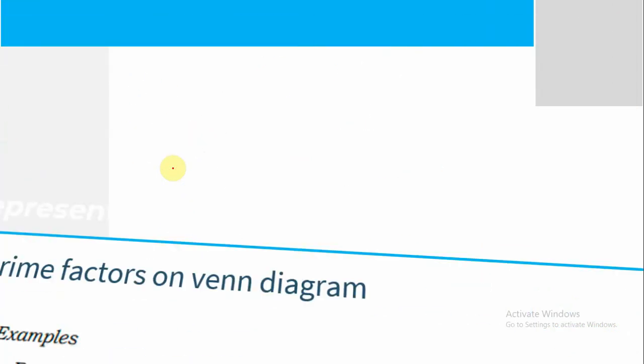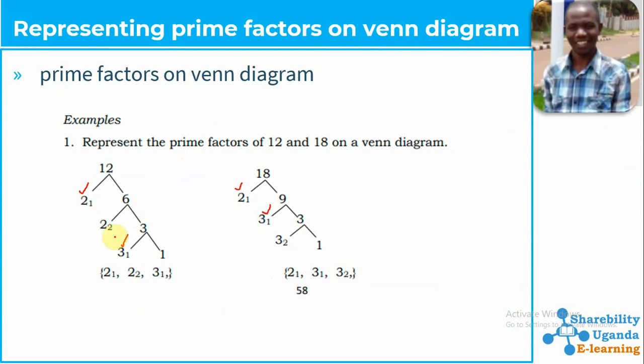Likewise we have a 3 which is common. A 3 is dividing a 3 here and also a 3 here. So we have our common numbers: a 3 here and a 3 here.